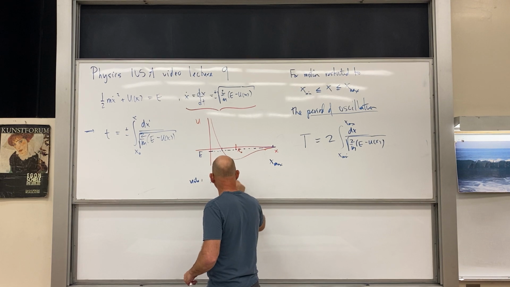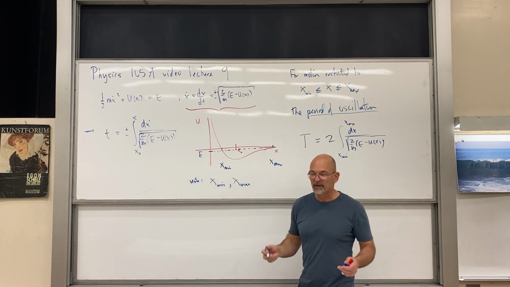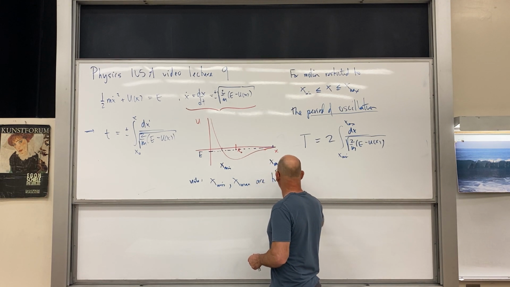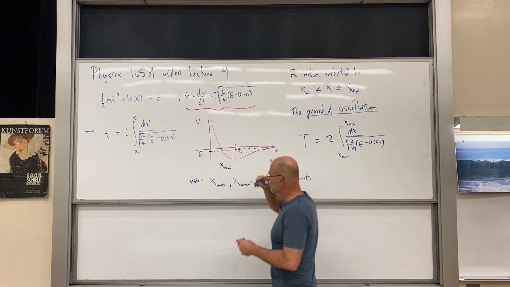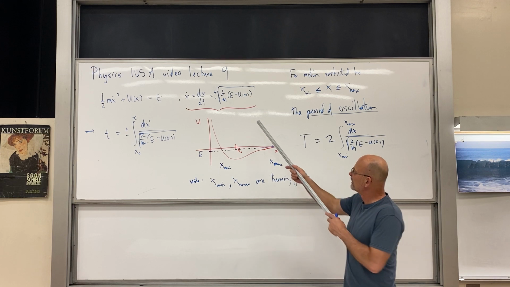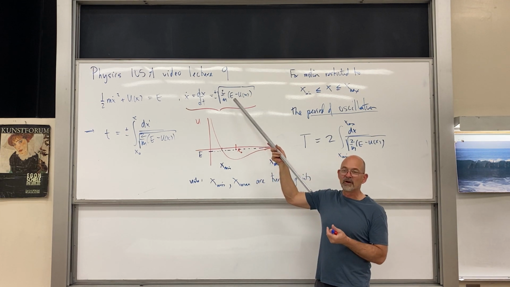The x minimum, x maximum are the turning points of the motion. You can't go beyond that because then this would turn into an imaginary quantity.